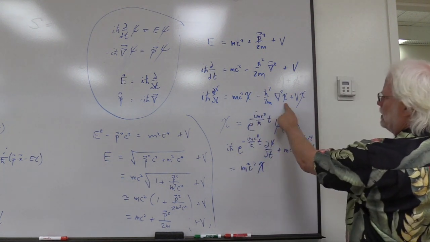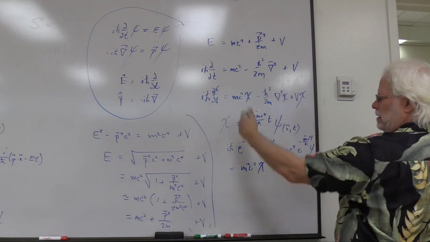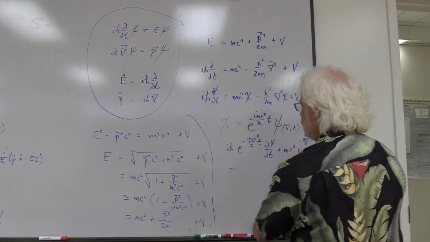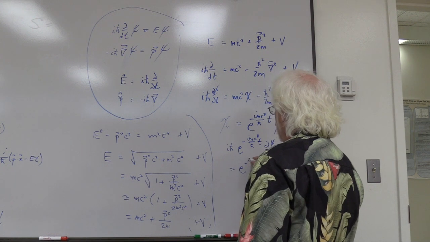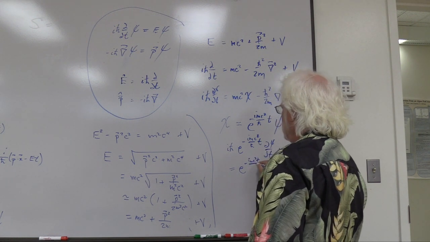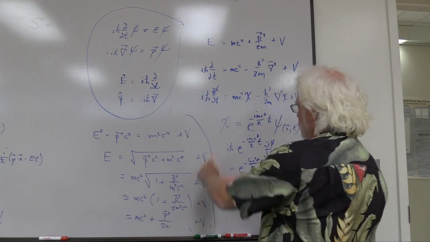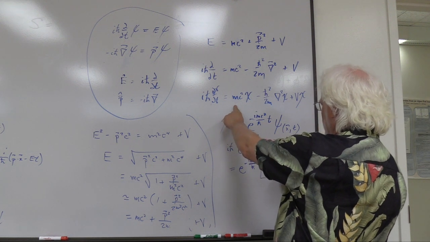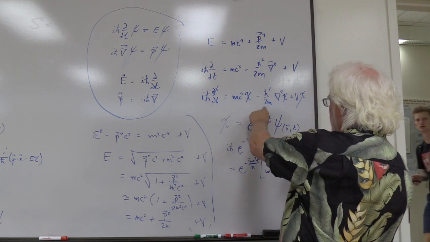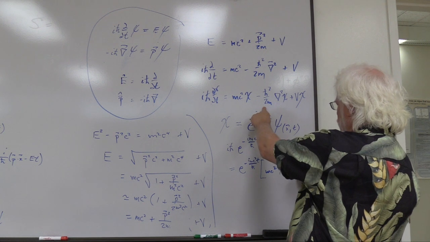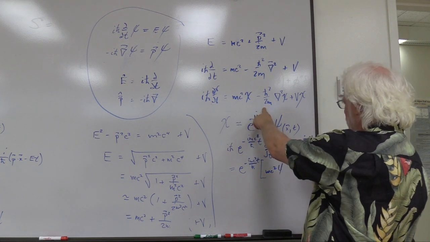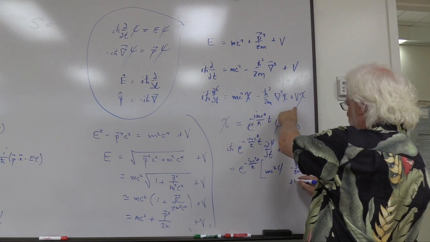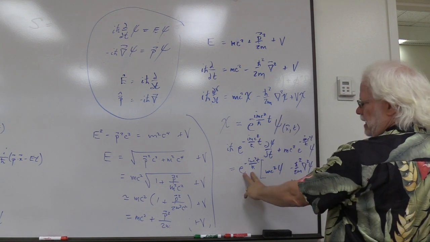In fact, these three chi's, I can pull out that exponential factor because it only depends on time. So I'm just going to get mc squared psi minus h bar squared over 2m del squared psi plus V psi, each times that factor.